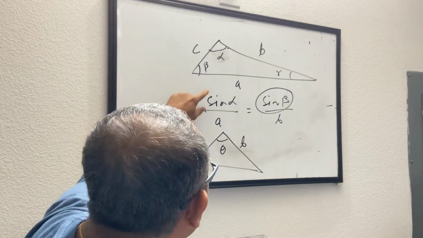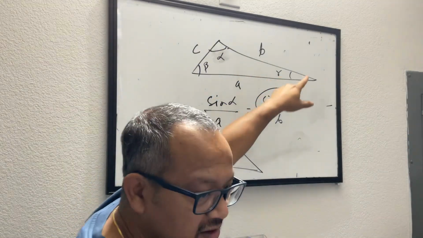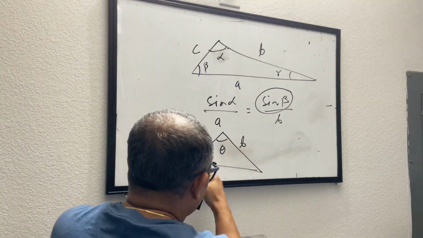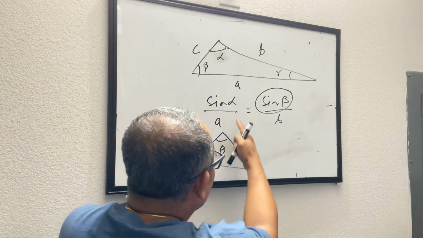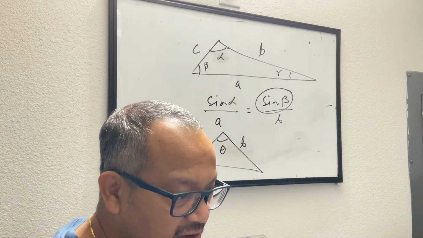This guy says, if I know an angle and the opposite side combination, we can find the other one. Here I have two sides, but not any of the angles opposite to them. Then I'm not able to leverage this one. That is when the law of cosine comes into the picture.